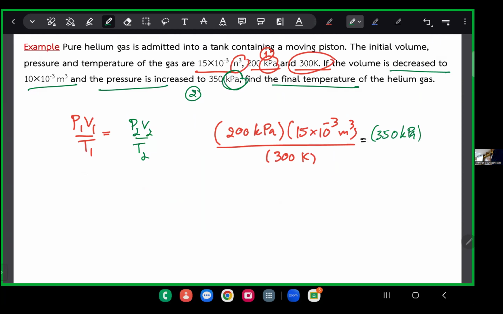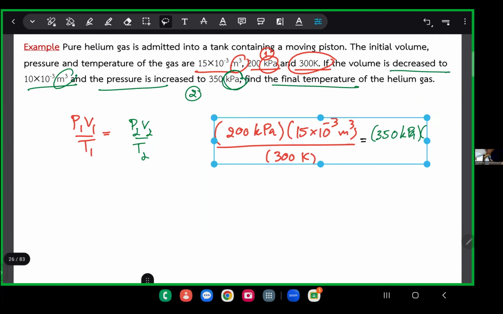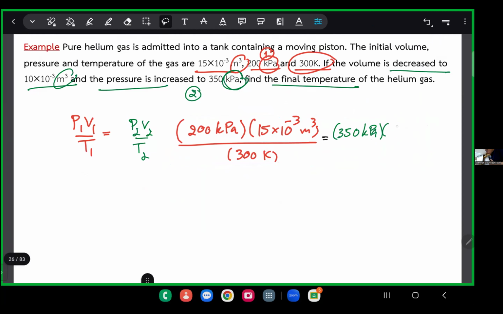Both sides of units are good. Volume is also in cubic meter, so that's also good. So we can just use that number there. There you go. 10 times 10 to the negative 3 cubic meter. Perfect. Divided by now the temperature of the new condition.